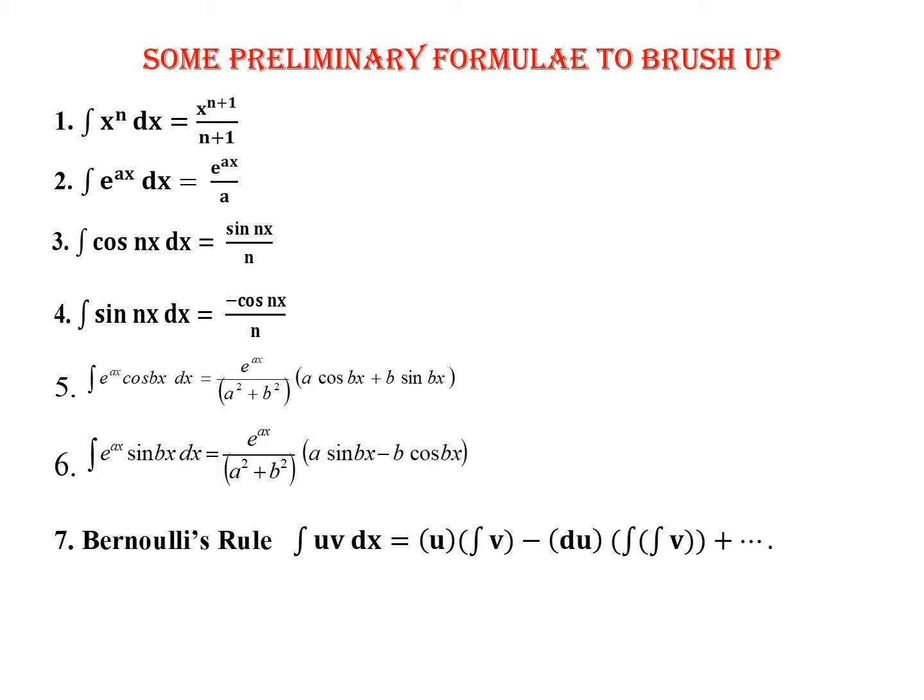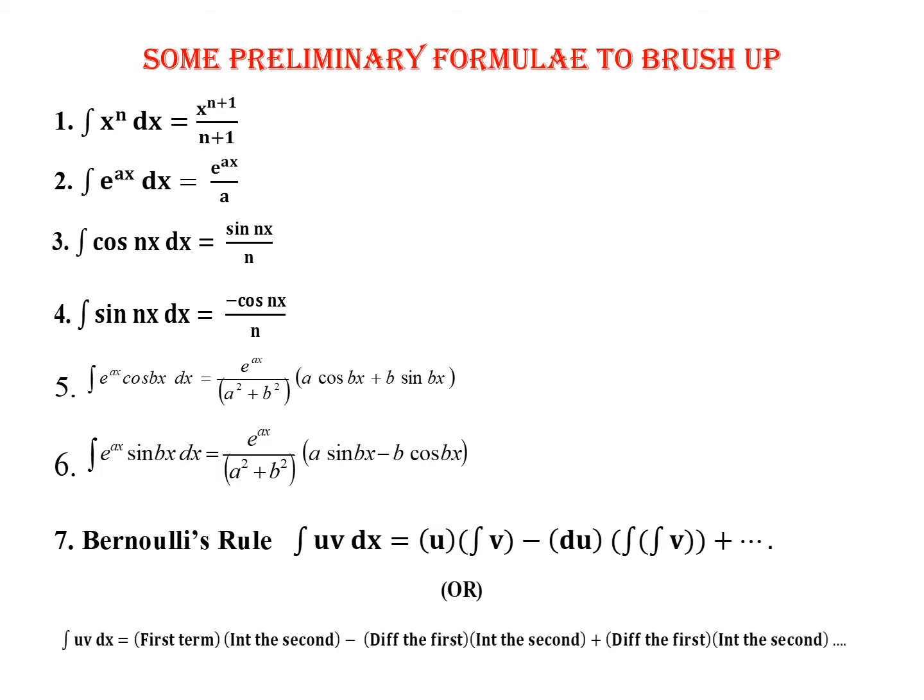When we need to integrate product of two terms, u into v, remember that u and v will be functions of x. Then this is the formula. Rather than remembering the formula like this, we shall have like this, like when we have to integrate product of two terms, just memorize like this, like you keep the first term as such, into integrate the second, minus, now differentiate the first term into integrate the second term.